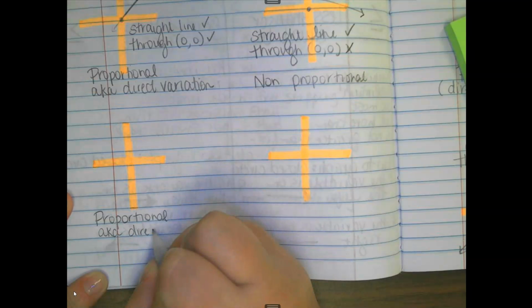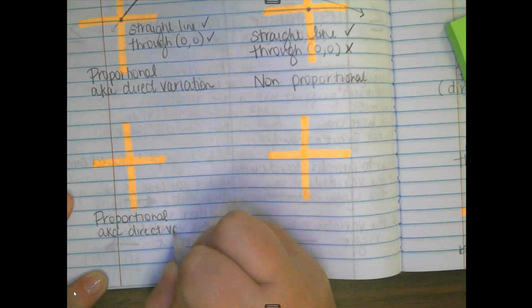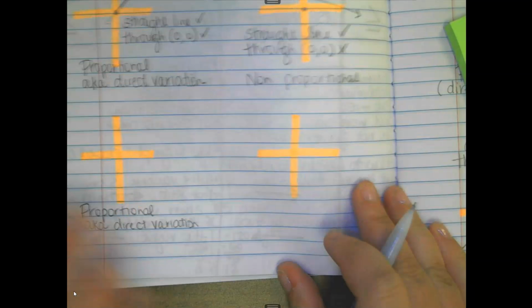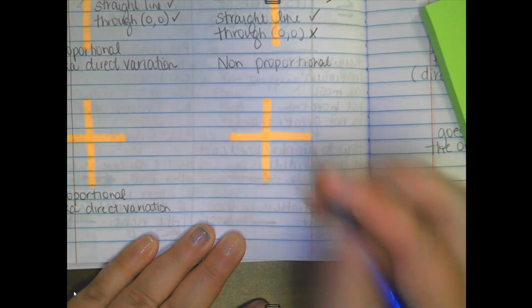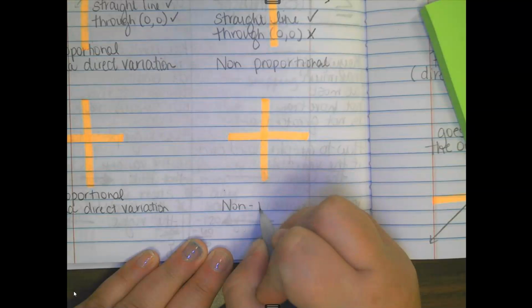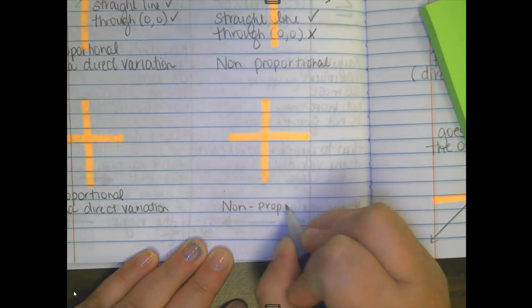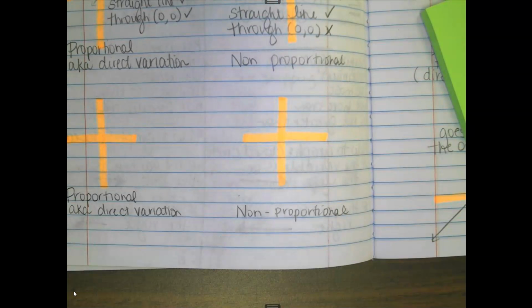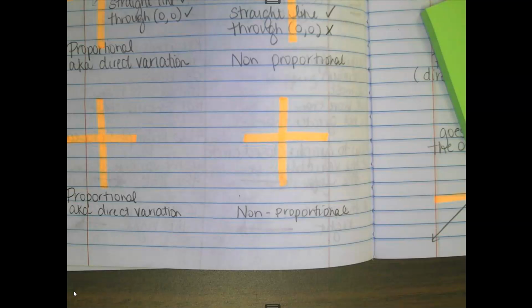So it could be steeper or it can go a different direction. And then this one over here, I want you to do this one non-proportional. And again, I want you to see if you can make it look different than the others. Now, obviously, I can't check yours. If you want to send me a picture so I can check them, that's fine also. If not, then we're going to leave it at that.